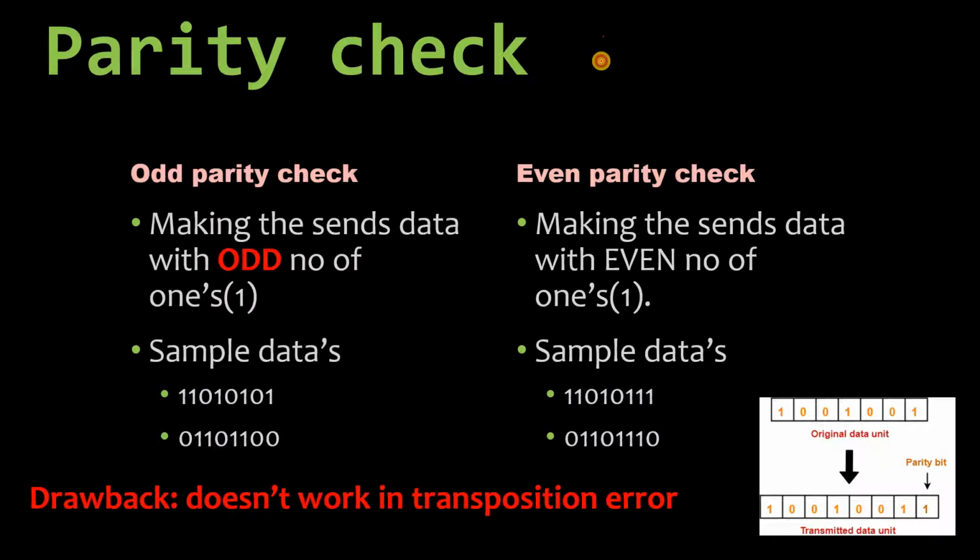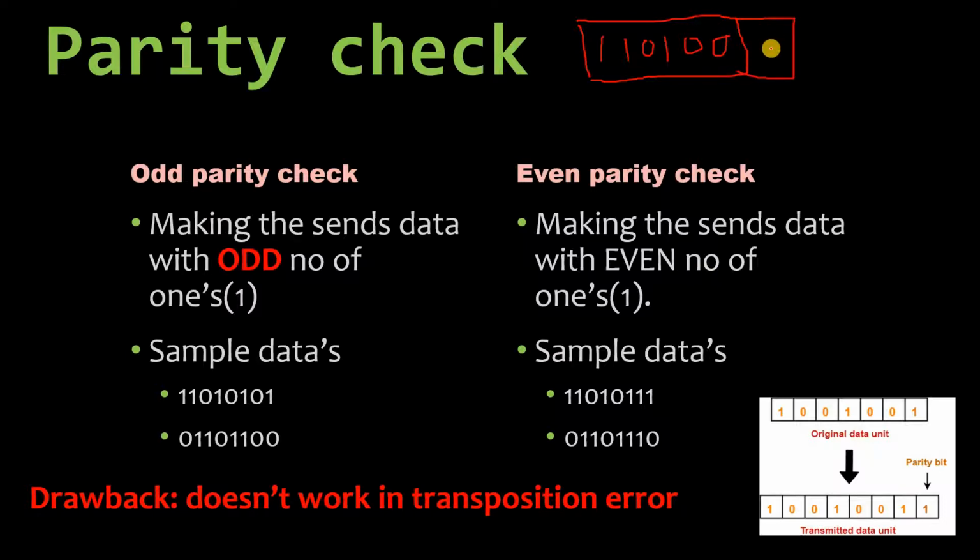Okay, 1, 1, 0, 1, 0, 0. 6 bits are there in this. This is the actual data the sender wants to send, and the system has decided it is going to use even parity check. So with the actual data, one extra bit will be added.